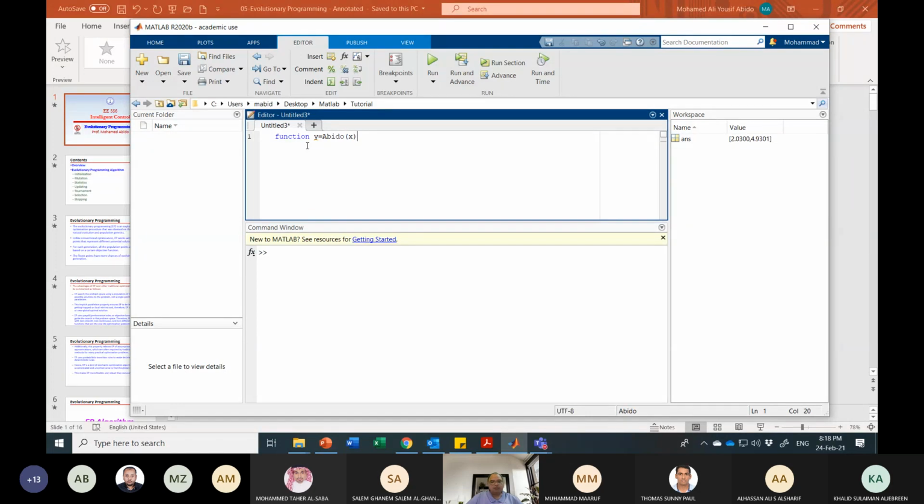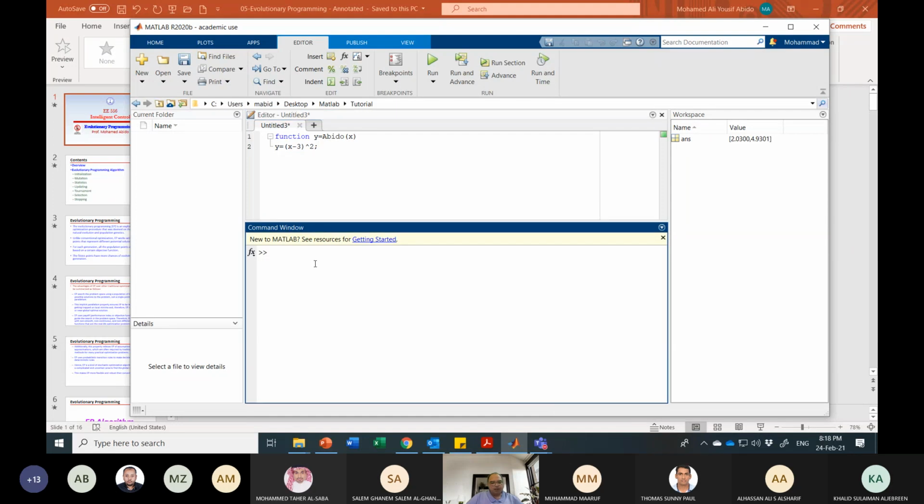Y is the output and x is the input. And the function is defined as y equal to (x minus 3) squared. This is the function.